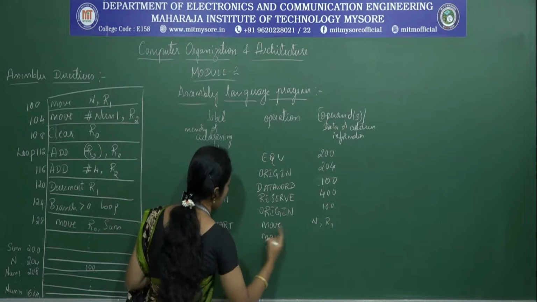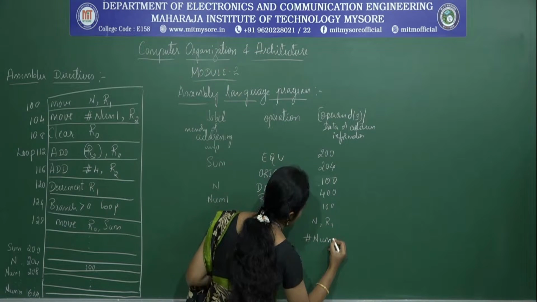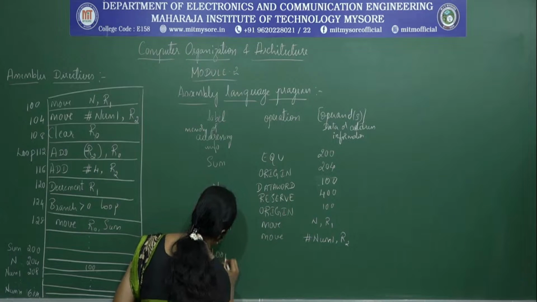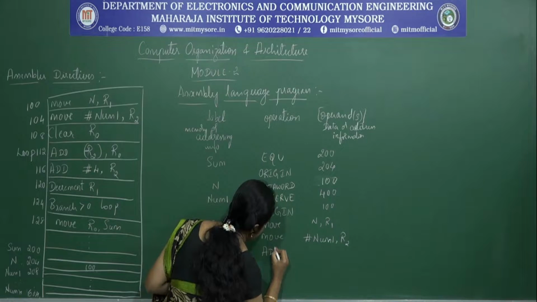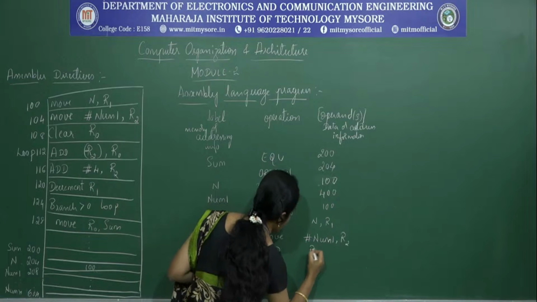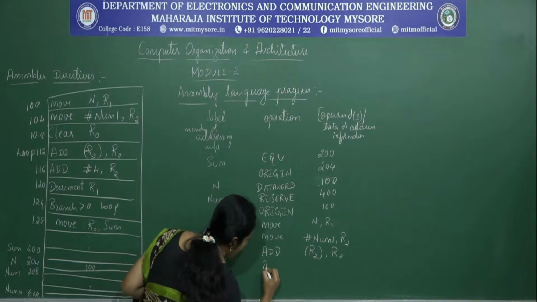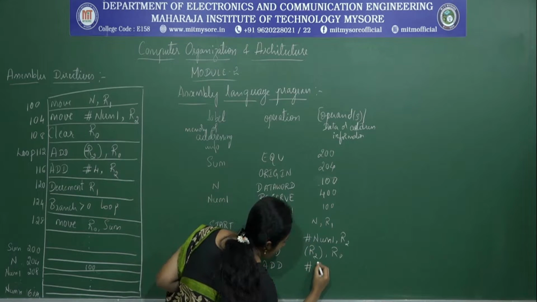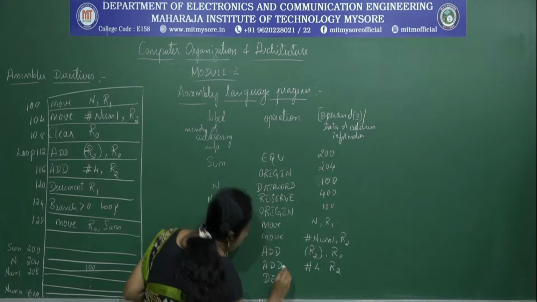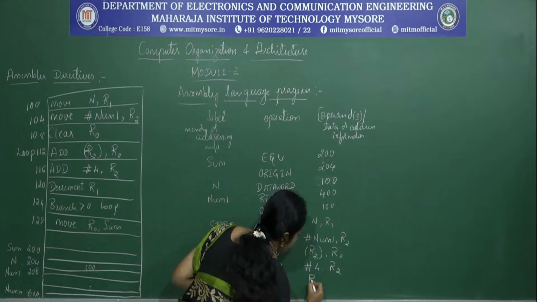So whatever we have written: START, MOVE N comma R1, then MOVE #NUM1 comma R2. Next you will be having the label LOOP, ADD contents of R2 to R0, then ADD 4 to R2, decrement DEC R1.